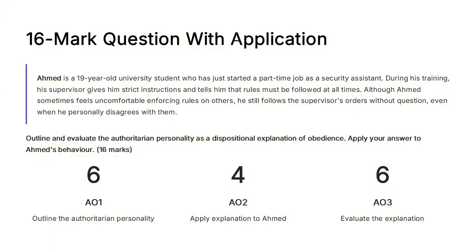Here is a question that looks very similar to the one we've just worked through, but it includes AO2. Ahmed is a 19-year-old university student who has just started a part-time job as a security assistant. During his training, his supervisor gives him strict instructions and tells him that rules must be followed at all times.